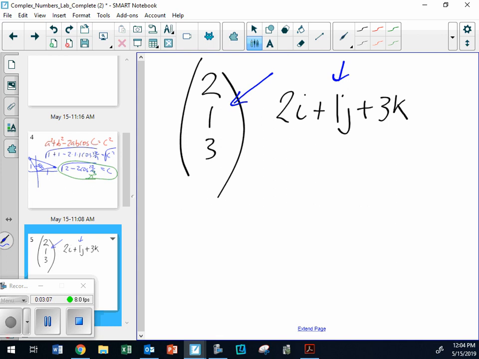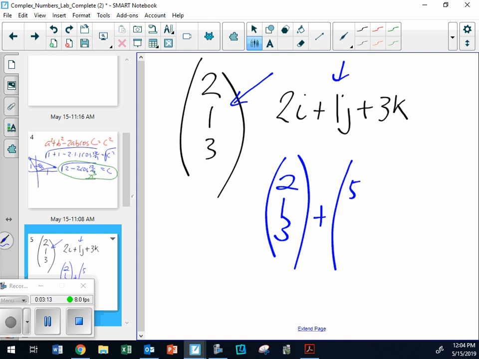And let's say I wanted to add a couple of vectors. It is as simple as it seems. 2, 1, 3 plus 5, 0, negative 2. Just take a guess what you think the answer is and write it down, please. A lot of vector stuff is really intuitive. It just makes logical sense. It's kind of like an extension of what you would have normally done, except into 3D.